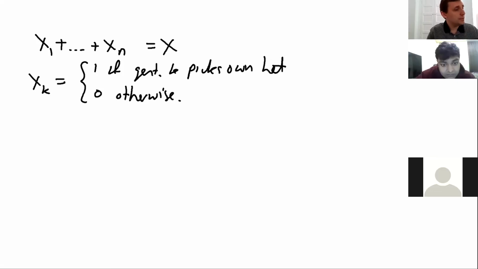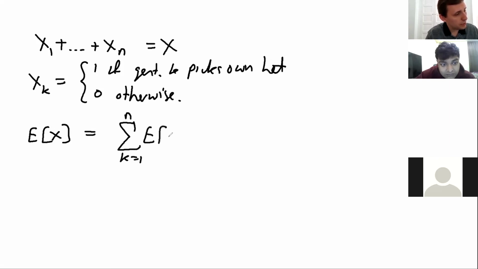So what is that? The expected value of x is the summation of the expected values of the xk. And that summation is what? So what's the expected value of xk?